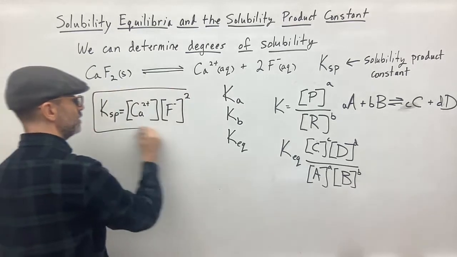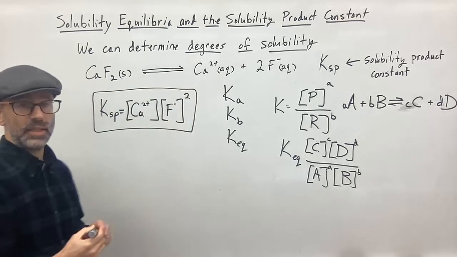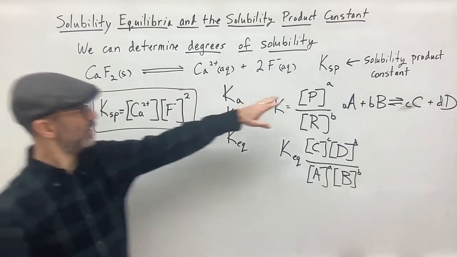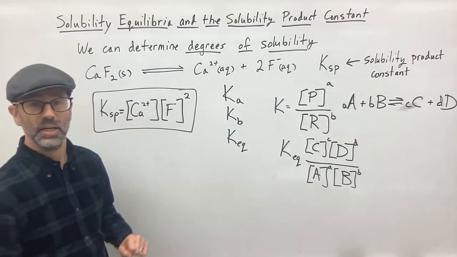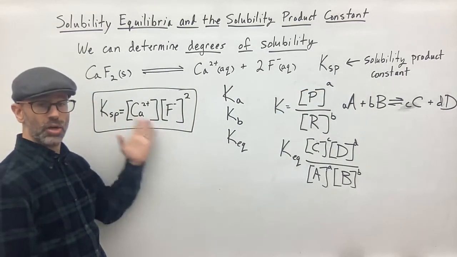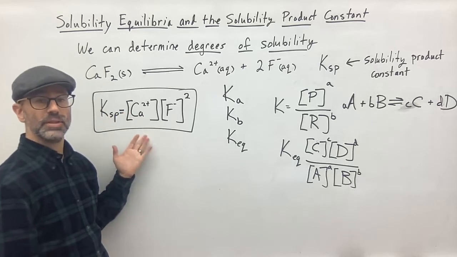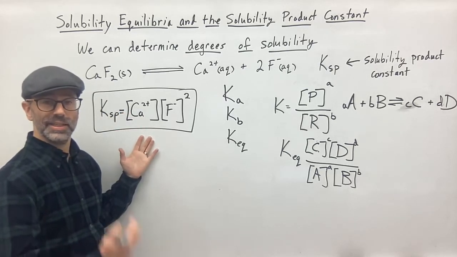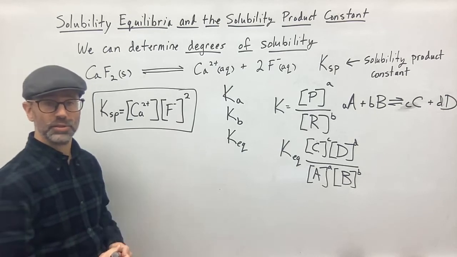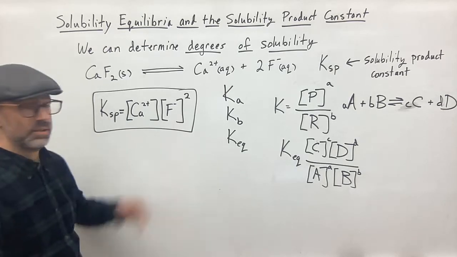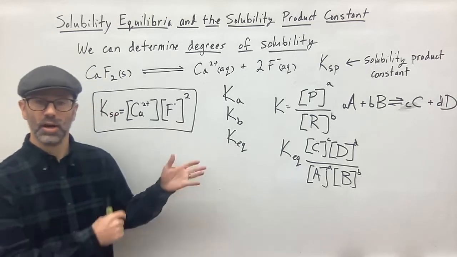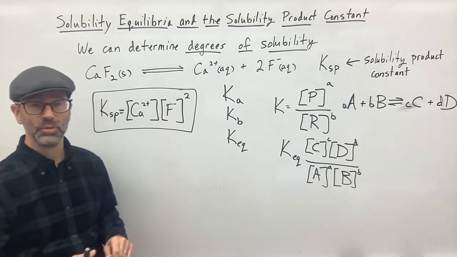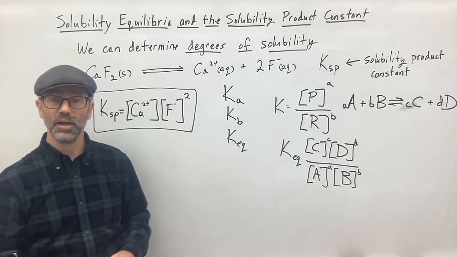This is the expression for the solubility product constant. And this constant will tell us how soluble the salt is in water compared to other salts. So we can use this to gauge how soluble something will be compared to other things.